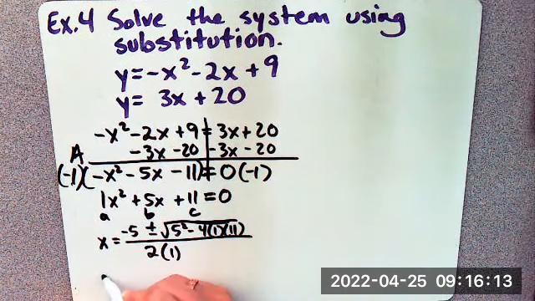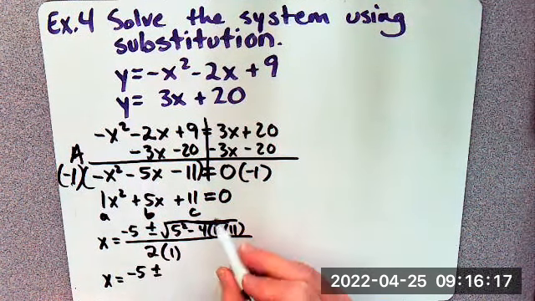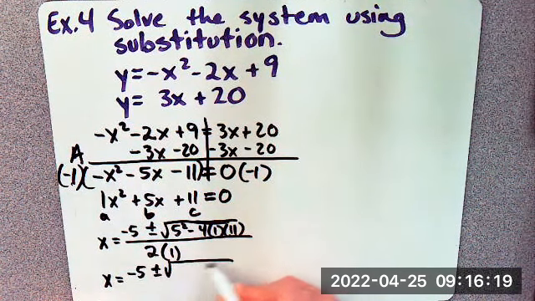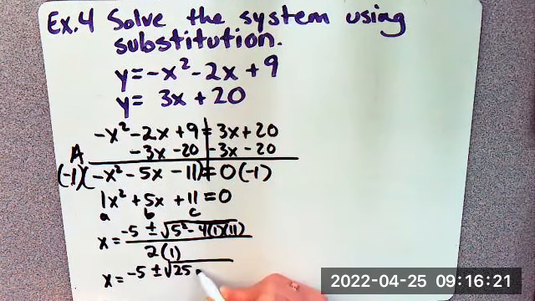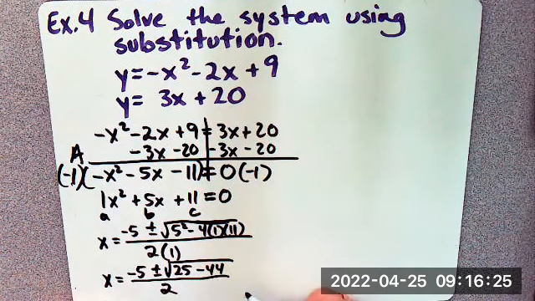All right, so this is going to give us x equals negative 5 plus or minus the square root of 25 minus 44. And then we have 2 here. So we see, oh dear, we have another issue with no solution.